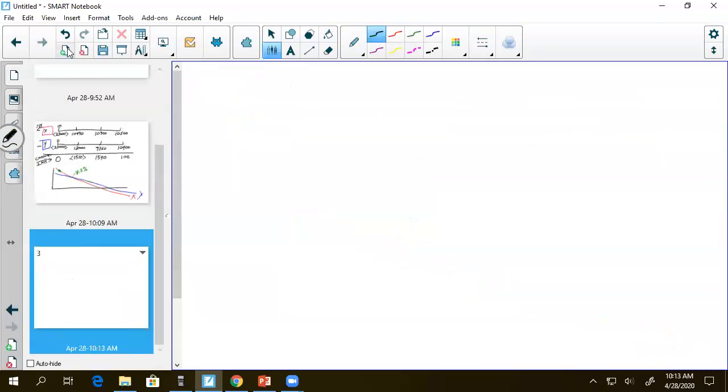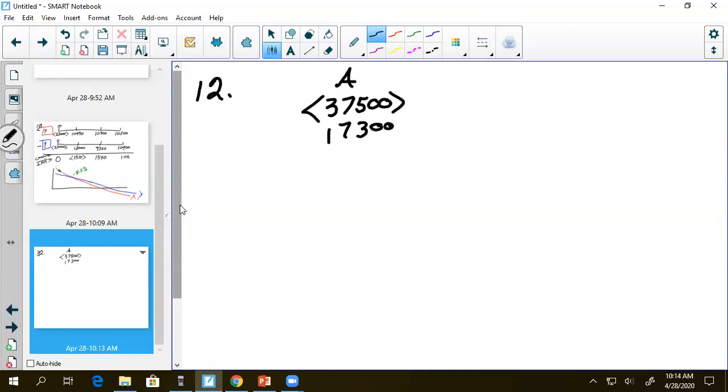All right, let's look at problem 12. Okay. Again, we have two different cash flows. So we have A has 37.5, 17.3, 16.2, 13.8, and 7,600, right?